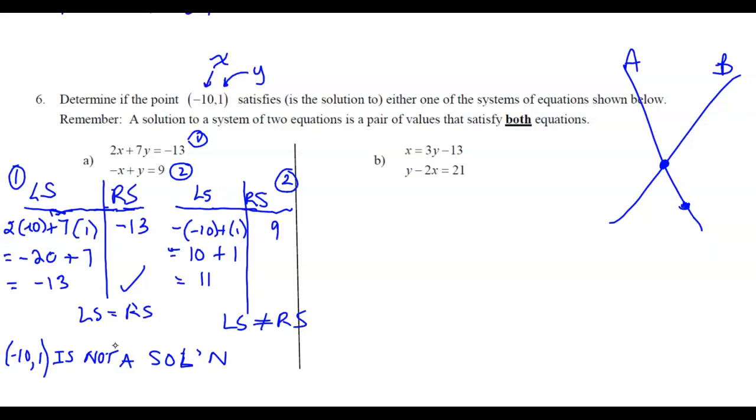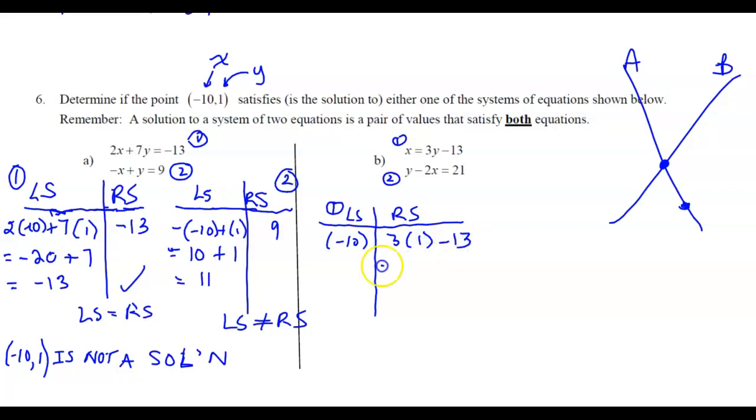Okay, same thing we're going to check in the next one. So my first equation, my second equation. Now my x value of negative 10 goes on the left. On my right, 3 times 1 minus 13. So that's going to be 3 minus 13, which is negative 10.